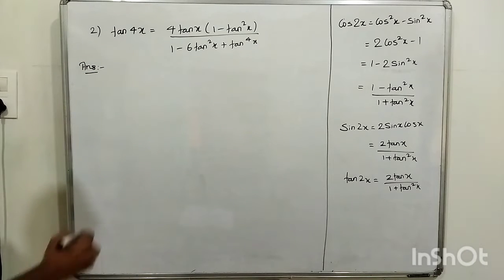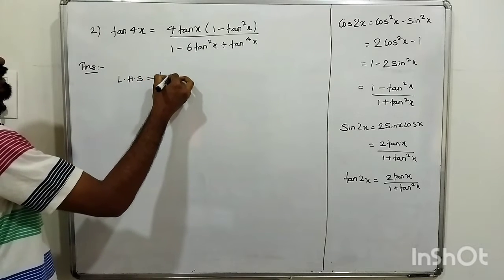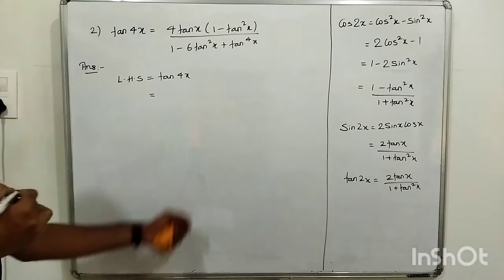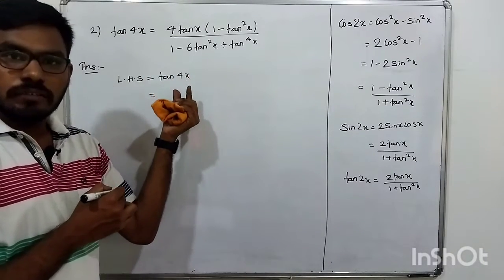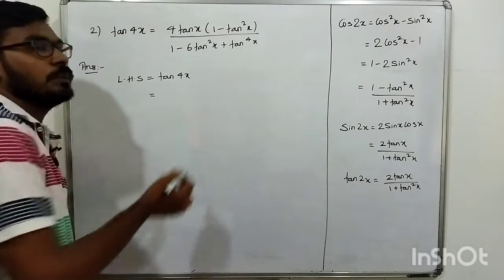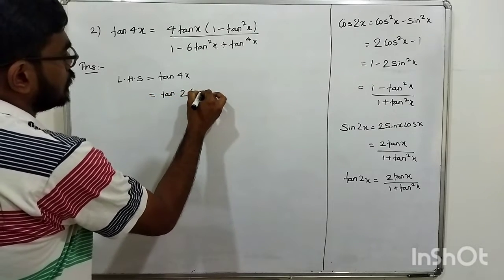First of all, LHS we will write as tan 4x, correct? Now again, as we did for the previous problem, where we wrote cos 4x as cos of 2 times 2x, in the same way here we'll write tan of 4x as tan of 2 times 2x, correct?